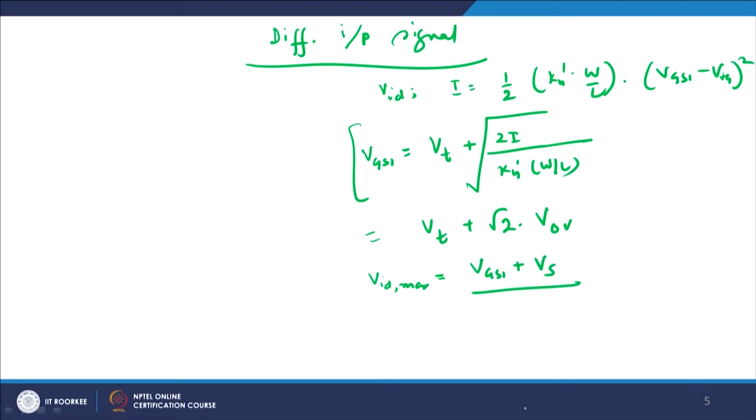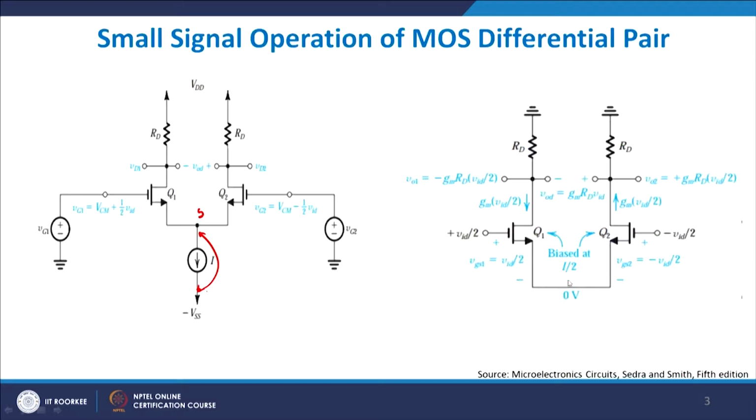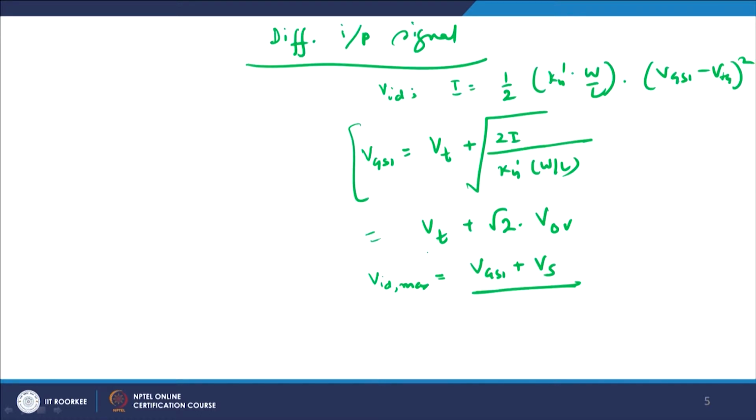And the reason why it should be greater than VGS1 plus Vs is that VGS1 is nothing but the gate to source of this, so the gate to source of this is VGS1, right, and this is the Vs value. So, this potential plus this will give you the potential at this particular point, that is what I am trying to say here, that VGS1 plus Vs should be here.